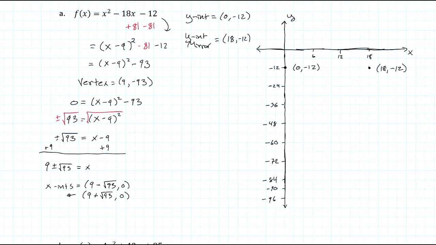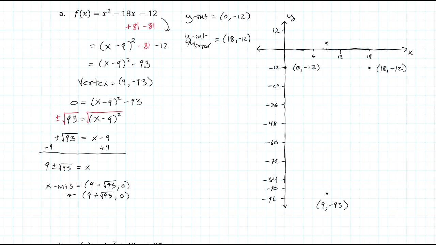And then 9 is right there halfway between 6 and 12. Come down to negative 93. 9 comma negative 93. So there's quite the challenge just in getting our scales set up and finding these points. So take your time, make sure you've got those correct.